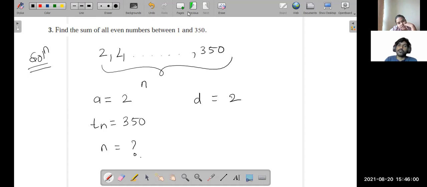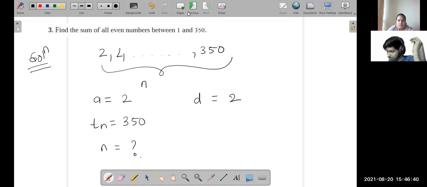So I should do 352 divided by 2. Correct? So using the T1 plus Tn formula, if I use that, then it will become 175 into 176. Why is it always one before and one after? In the last episode it was 123 into 124. That's because of the formula.